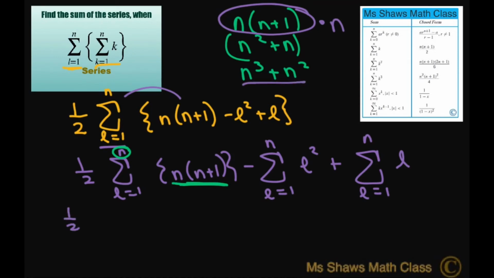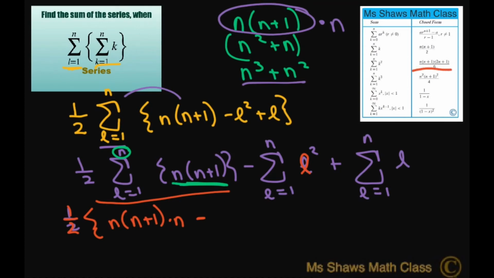I'm going to do this in red. Then we're going to have n times n plus 1 times n. All right, so that's this part. Now this part's minus, and this is l squared, and that's this formula here.